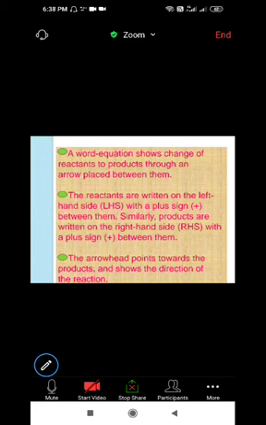Similarly, the products are written on the right hand side with a plus sign between them. Okay, let's see the next point. The arrowhead points towards the products and shows the direction of reaction. Is this clear? Right.